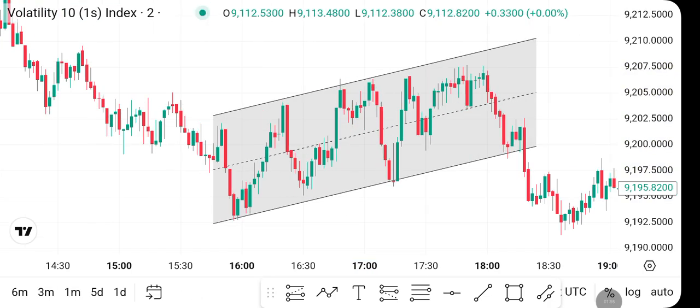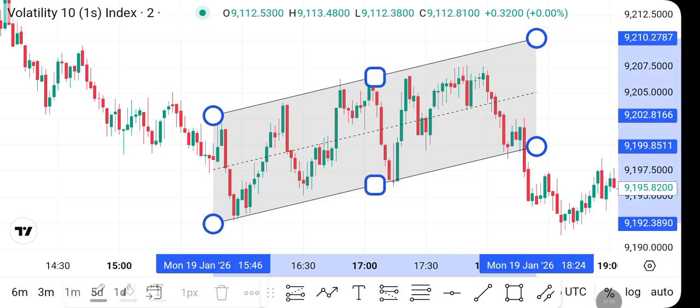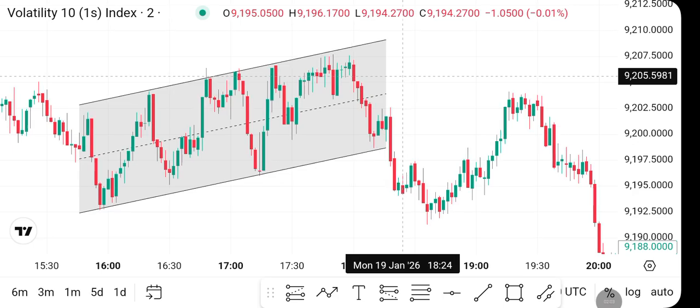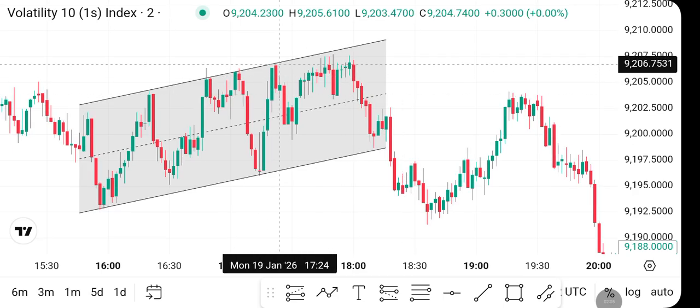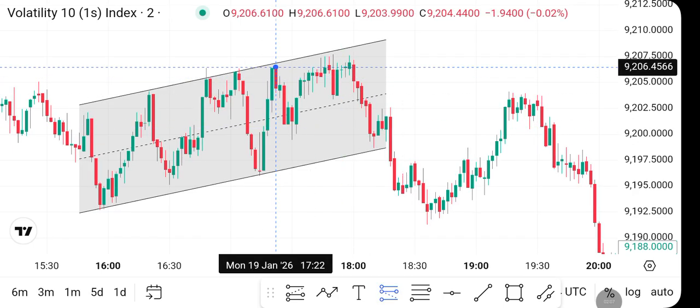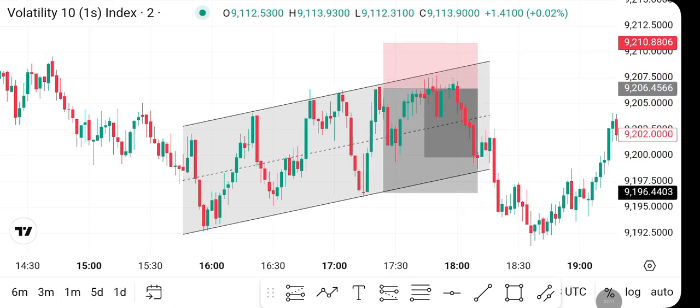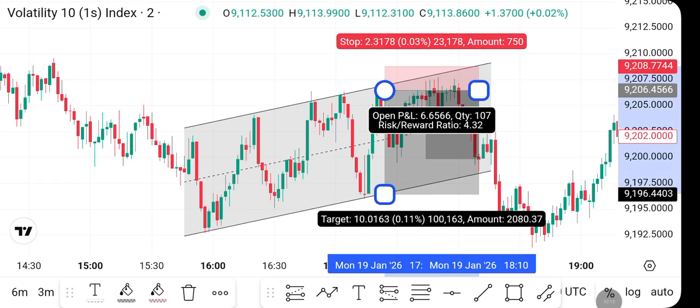Just know that at the third touch, you take your sell from there. The market is bearish, so we are taking sells, not buys.